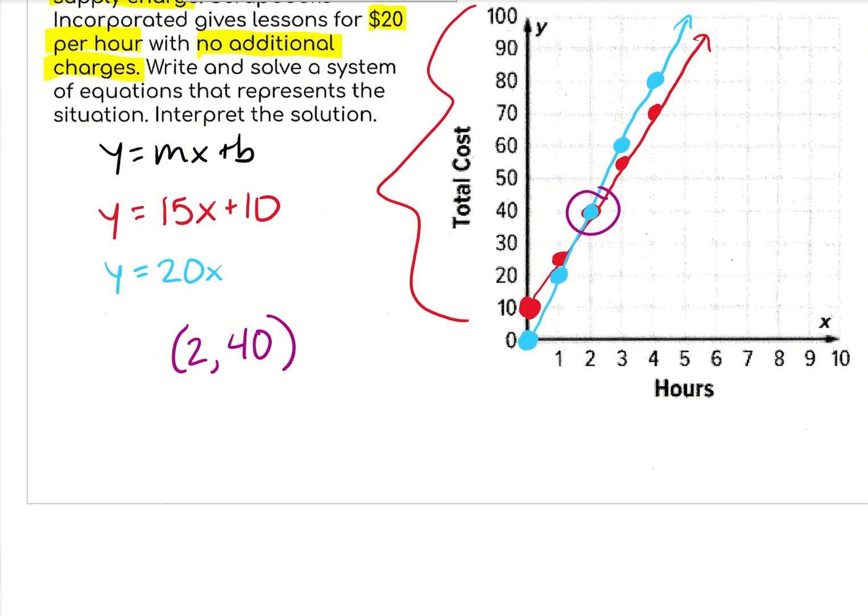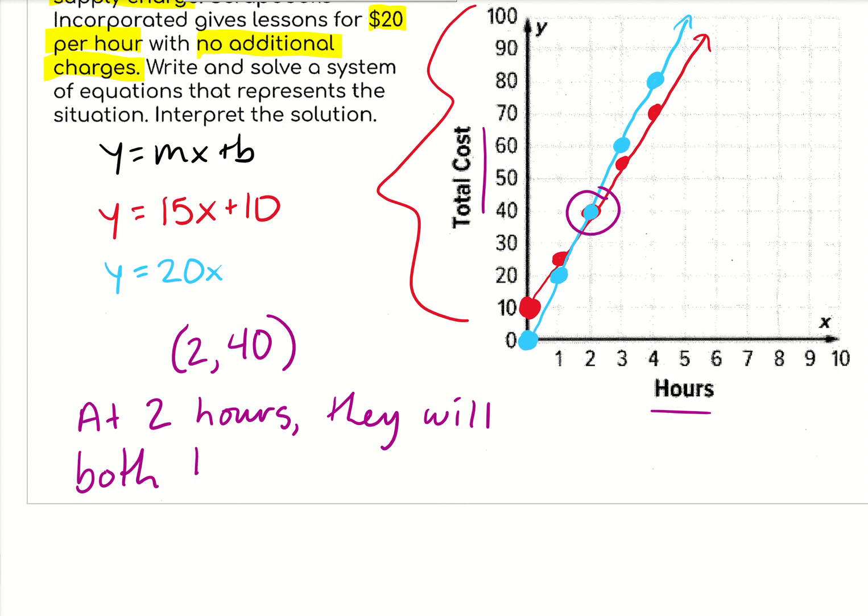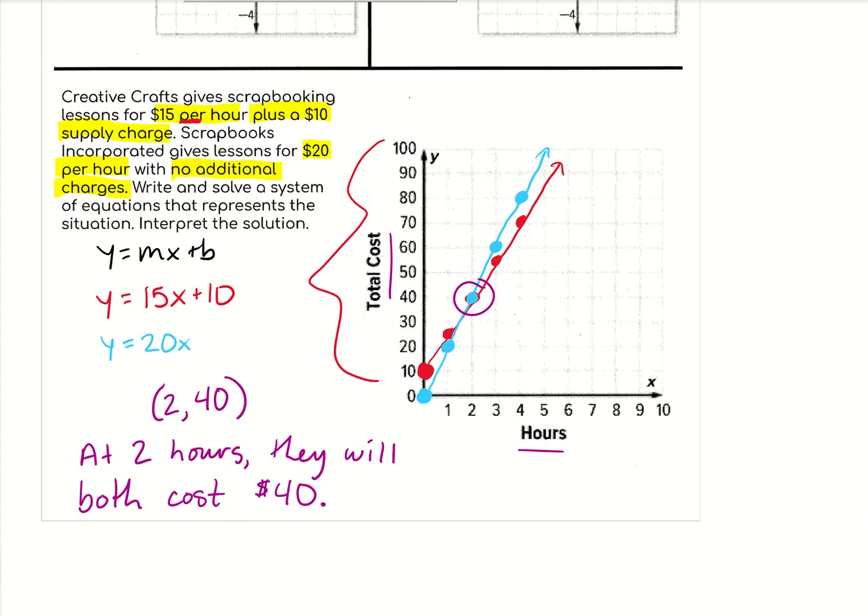So what that means is at 2 hours, because our x is hours, and our y is total cost. So at 2 hours, they will both cost $40. All right. And that is it. That is the full interpretation of that problem.